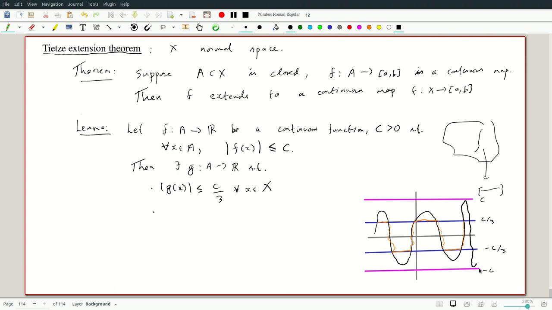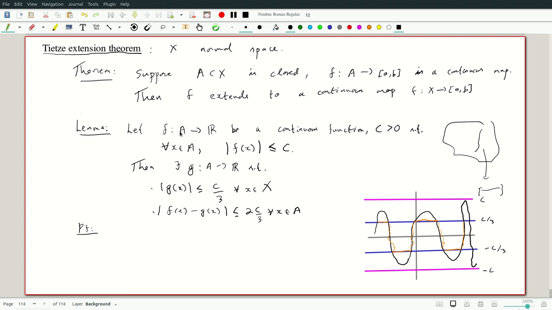Same at the lower end in absolute value. And in between, both f and g are between C/3 and minus C/3. So in all cases, mod of f of x minus g of x is less than or equal to 2C/3, for all x, I should only say in A, because outside A, f is not even defined. Okay. So the proof is almost sketched here.